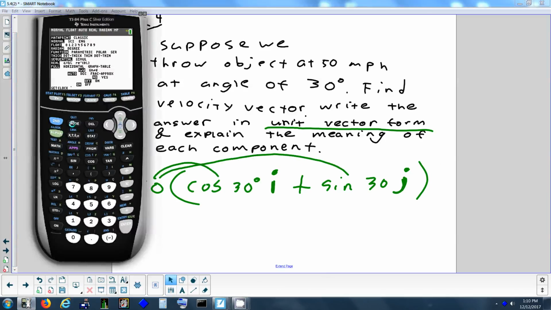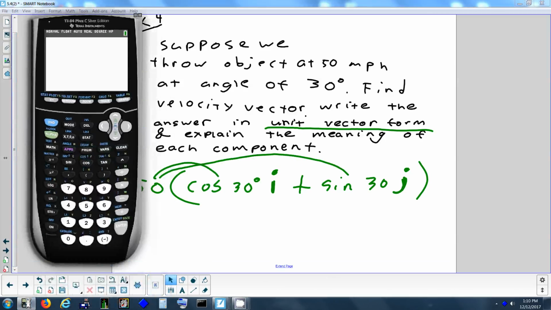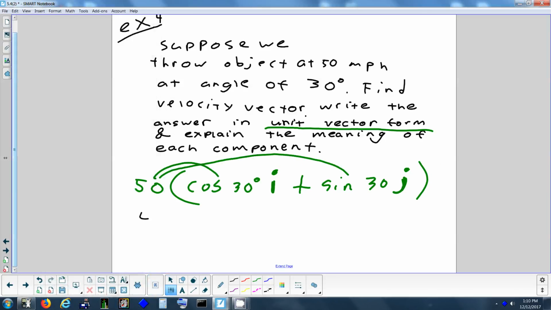On my calculator, I switch the mode to degrees, and 50 cosine 30 gives me 43.30. And what letter is next to that? i.